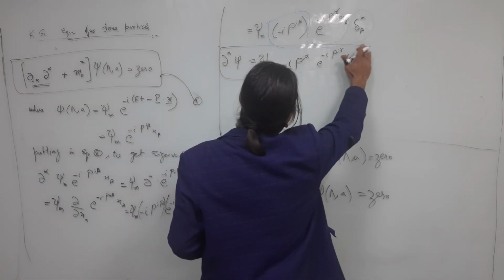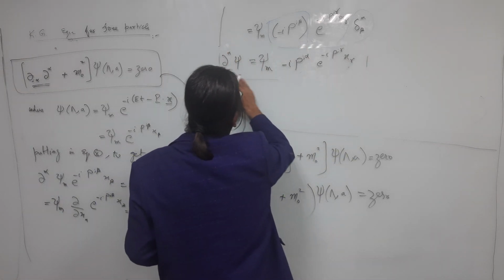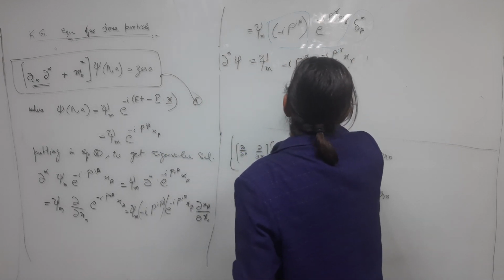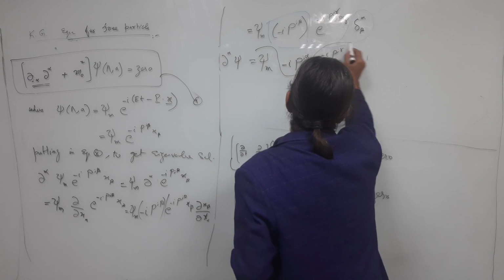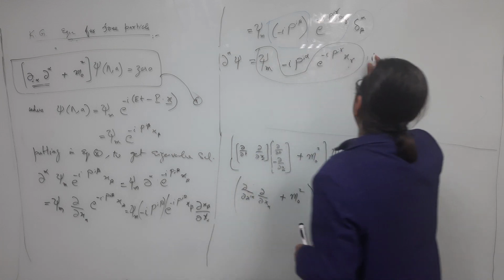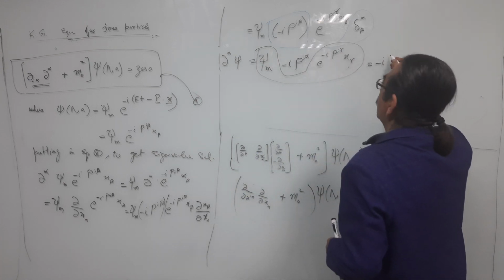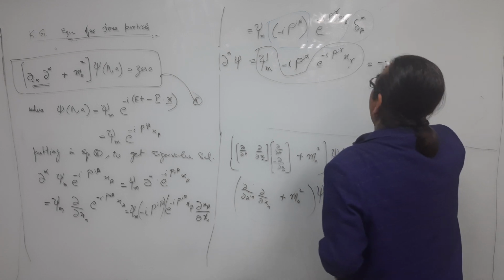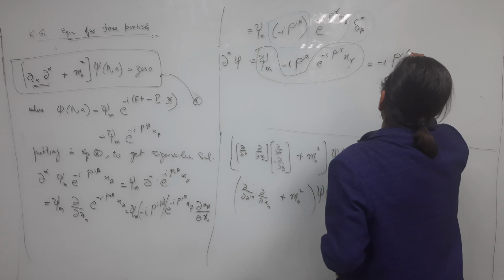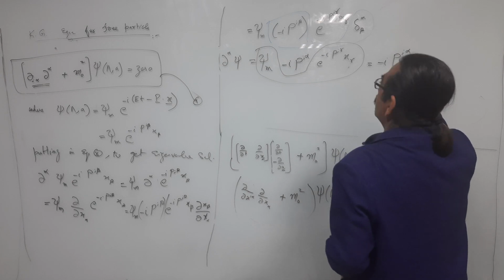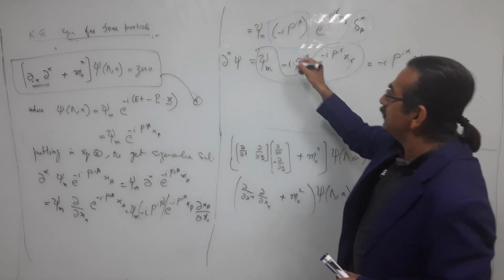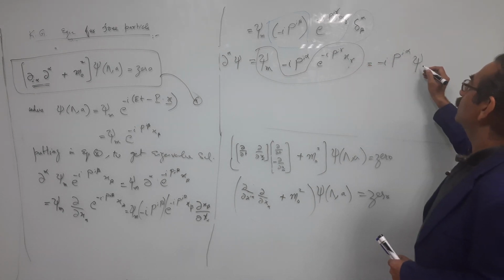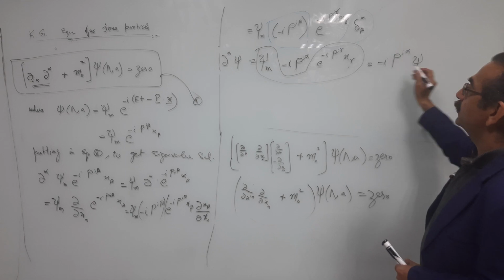Minus iota p alpha. What is this? This is psi.